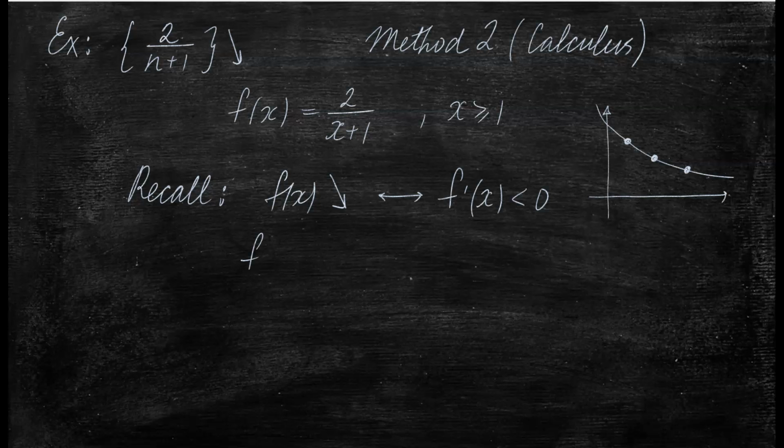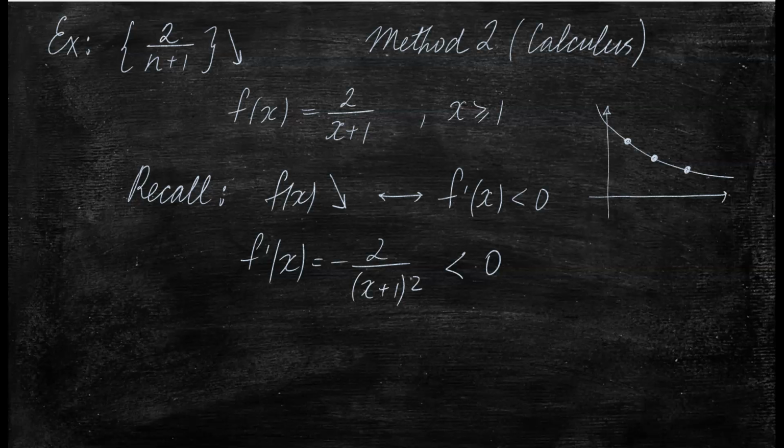So in the calculus way, we're going to find the derivative of this function using our calculus skills, and then we're going to convince ourselves that that derivative is less than 0.